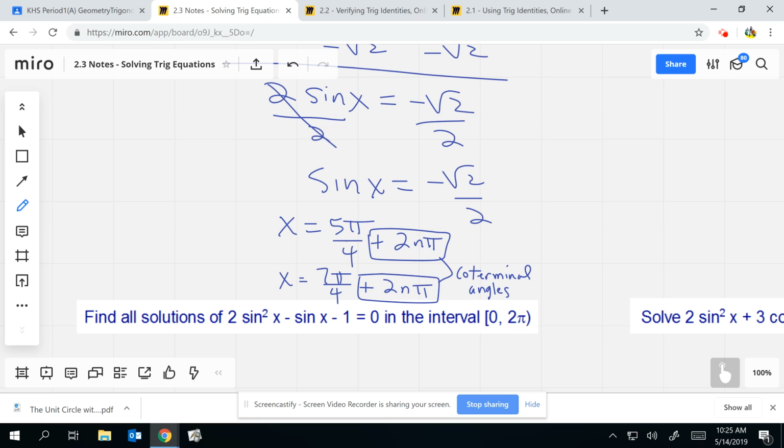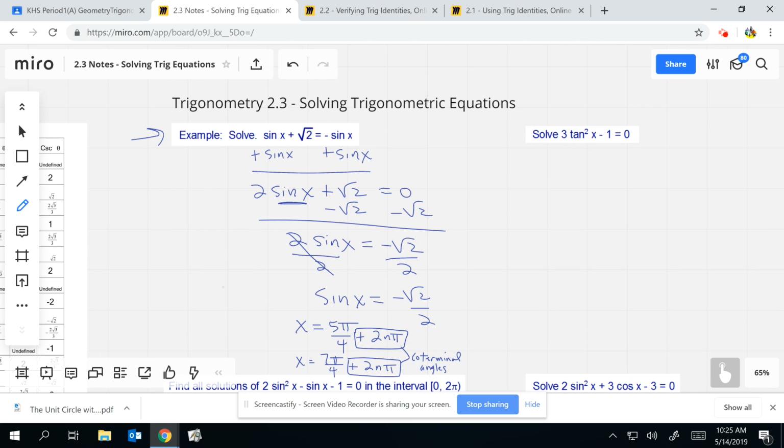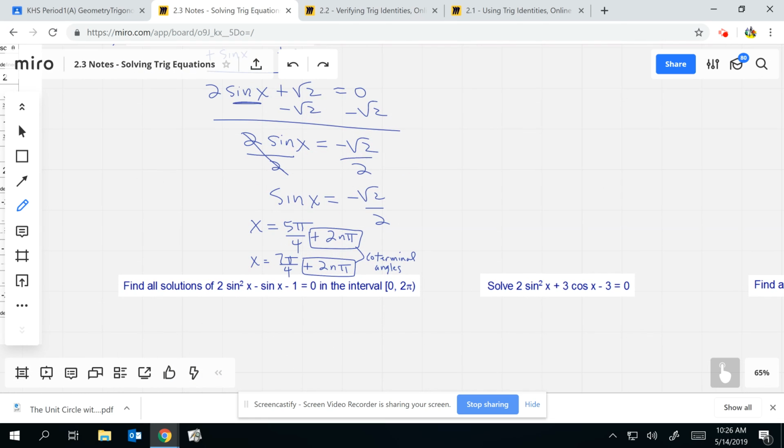It would still work in your equation. You'd still be able to go back up to this x up here at the top, and you'd be able to plug in that angle, and the two sides would still be equal. So any of those coterminal angles work. You need to put those coterminal angles on there if they don't give you a specific interval. If they just say to solve it, you need to add that in there.